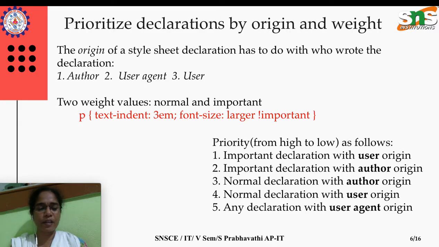It will provide different types of style sheets to the user. The user can pick up their own style sheet from the browser, or the developer who developed the web page will mention styles of their own. There comes the origin.